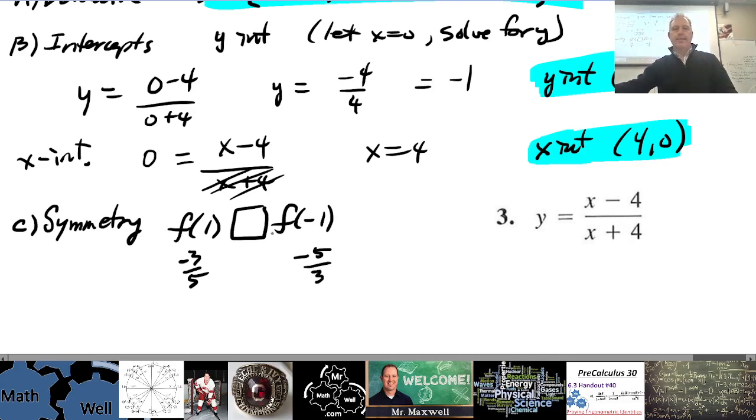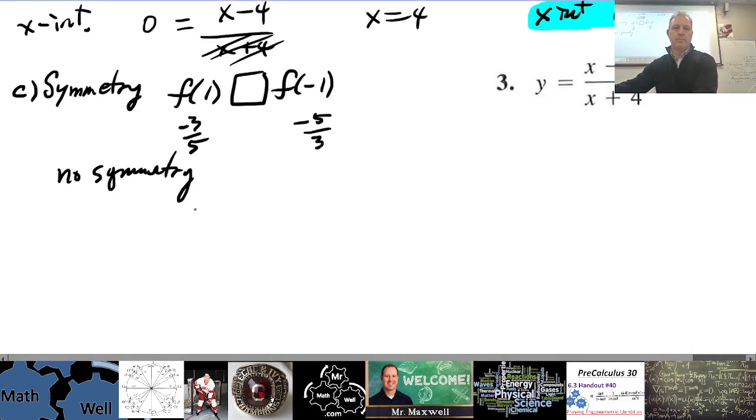So these are not the same, and they're not the same numbers with opposite signs either, right? So these are not equal, nor are they the negatives of each other. So there's no symmetry. No symmetry. All right.